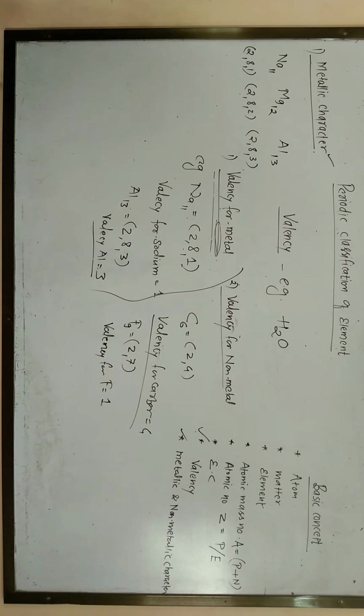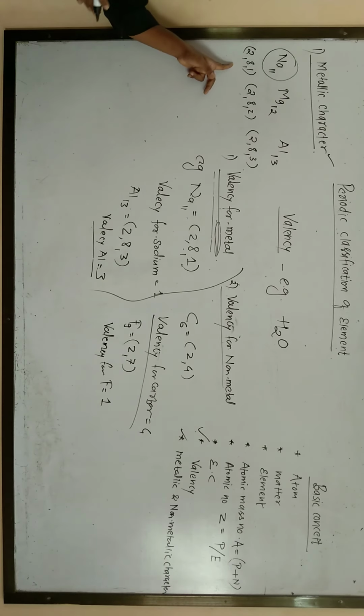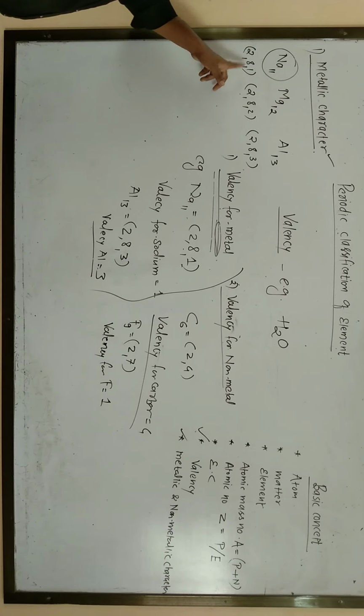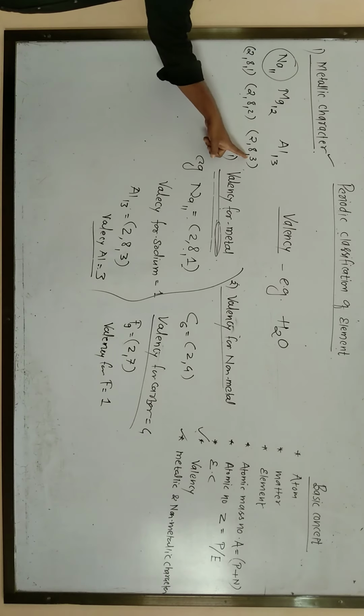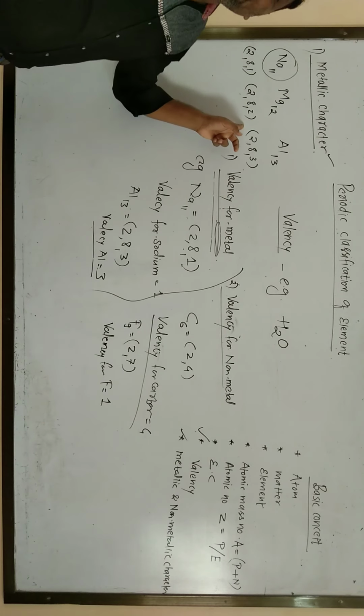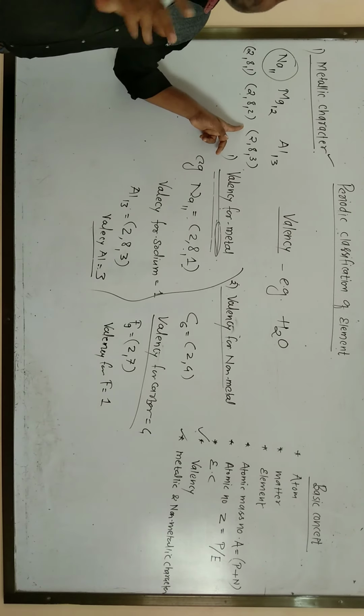So the answer is sodium, not aluminium, because sodium can donate one electron easily from its last orbit, but aluminium cannot donate three electrons so easily because it is bound with a certain force of attraction with the nucleus.